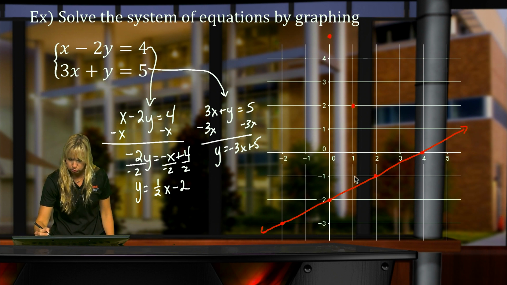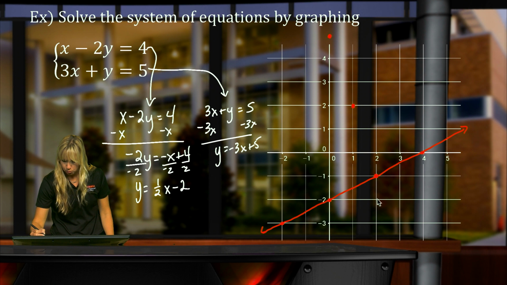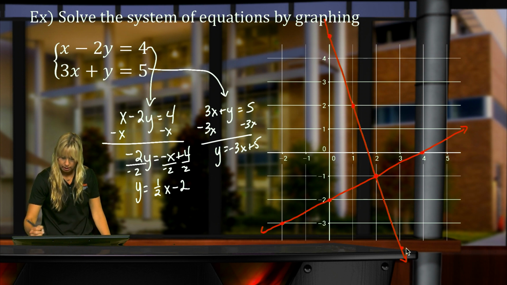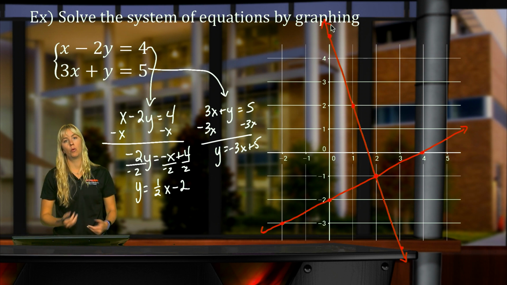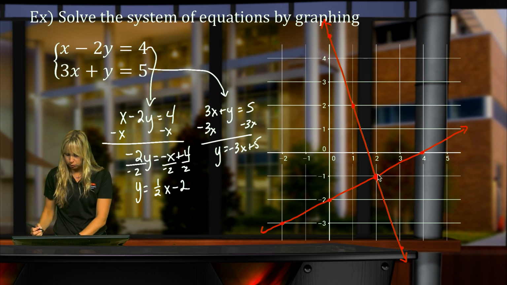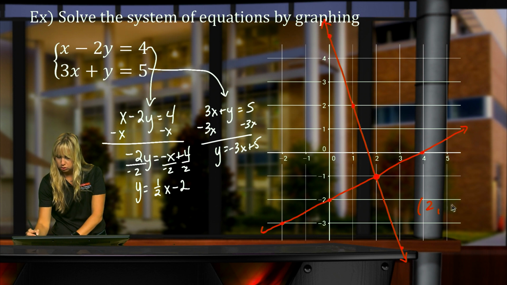Down 1, 2, 3, and to the right 1. And as we were plotting those points, we saw where those two lines intersect at this point right here. So our solution is 2, negative 1, written as an ordered pair.